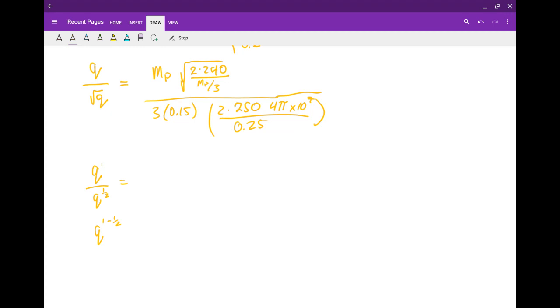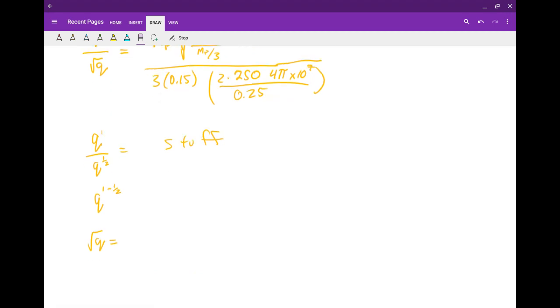And so I'm looking at the square root of Q over here is equal to all of this stuff right in this area, right? Which is what I want to figure out. And so basically, once I figure out all that stuff, I'm going to go ahead and square both sides. So Q, right, is equal to the square of all of this stuff.